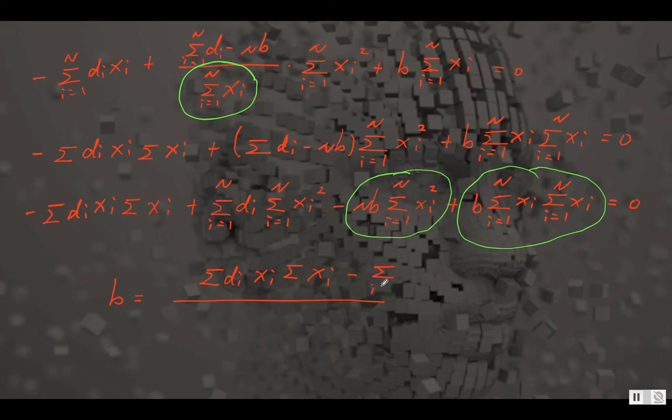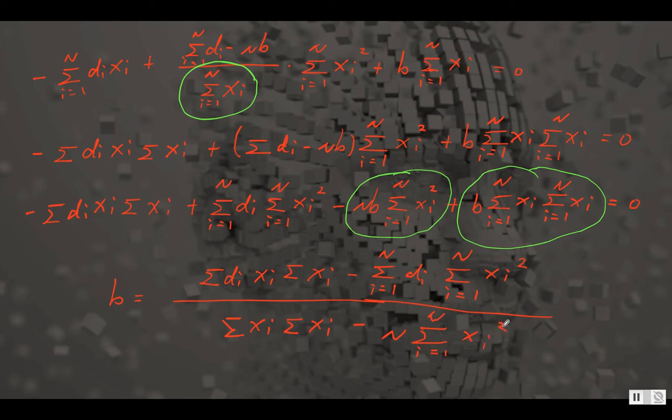So this equal to summation i equal to 1 to n di, and then summation i equal to 1 to n xi squared, and on the denominator equal to this term and plus this term, that's equal to summation xi, and then summation xi, that's with this term, and minus n, and then summation i equal to 1 to n, and then here's the xi square.